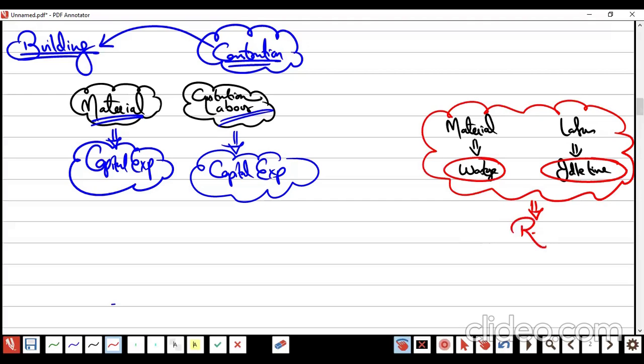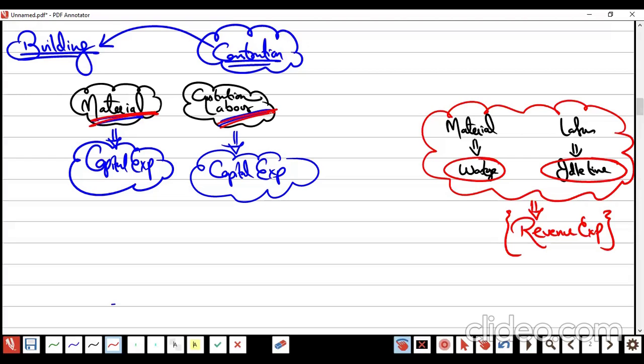You cannot add them. They are revenue expenses. Capital expense is the material used in construction, not the wastage. Labor, the money we are paying them for construction only, is a capital expense. For the idle time, for some drama, for this or that, it cannot be a capital expense.